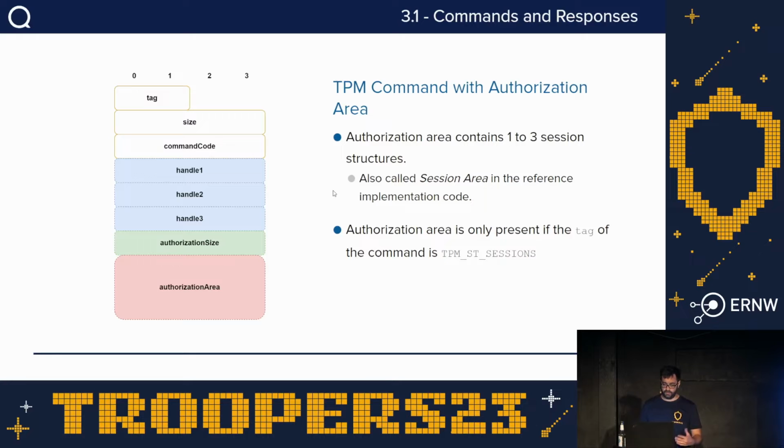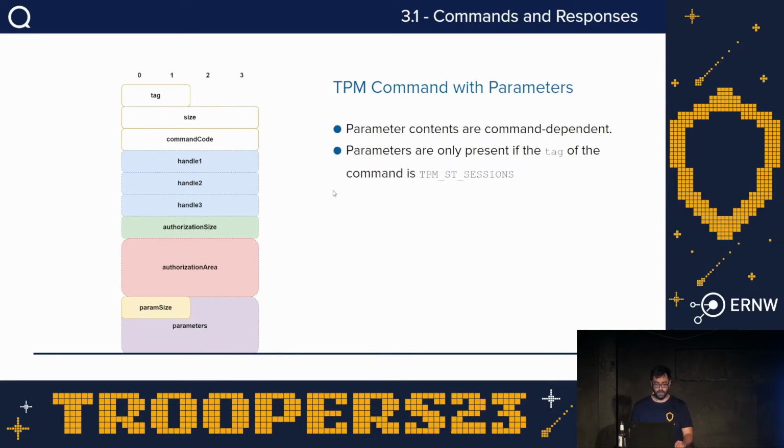The authorization area or session area is only present if the command has the TPM ST session as the tag. And finally, again, this is command dependent, but a command can be followed by parameters. The parameters start with 2 bytes indicating the parameter size, followed by a variable number of bytes for the parameters.